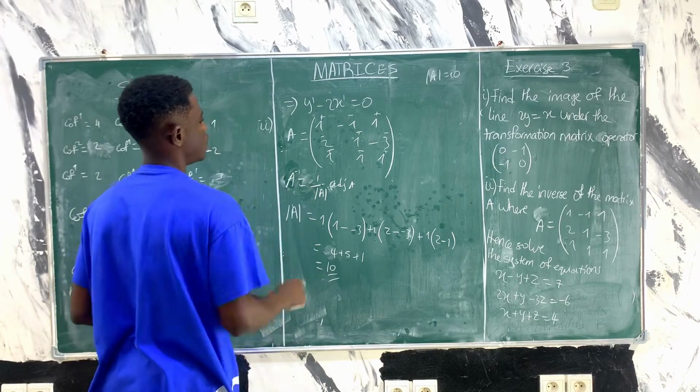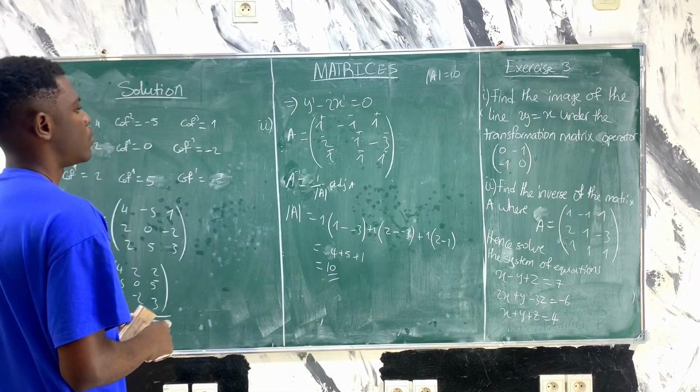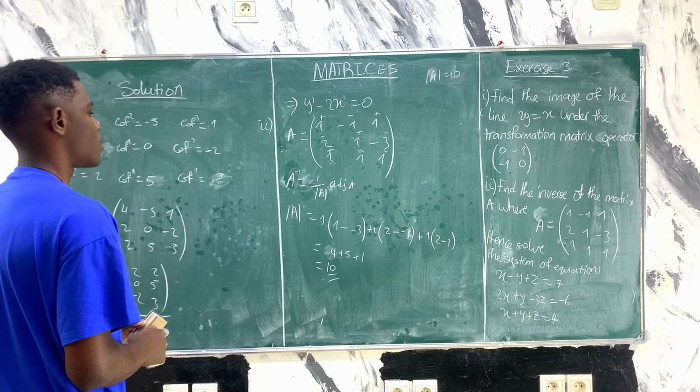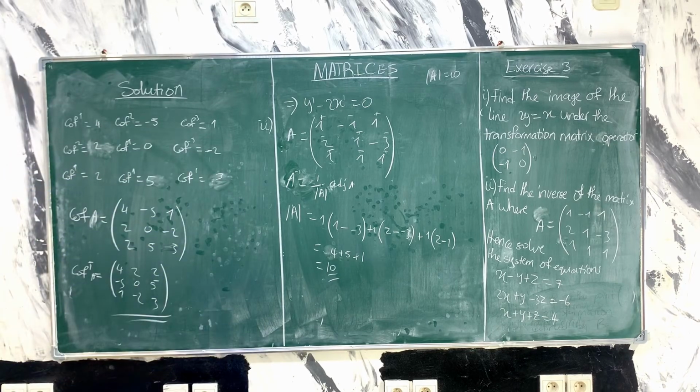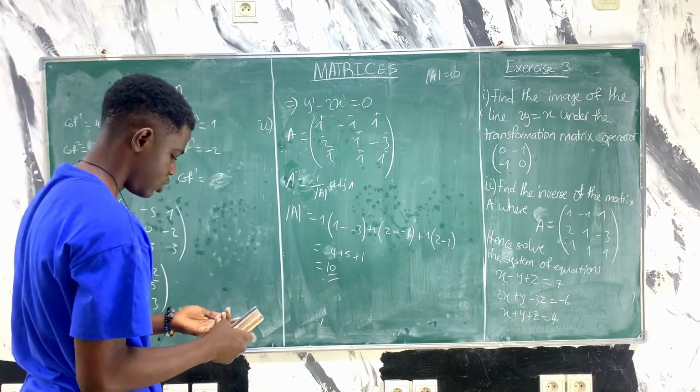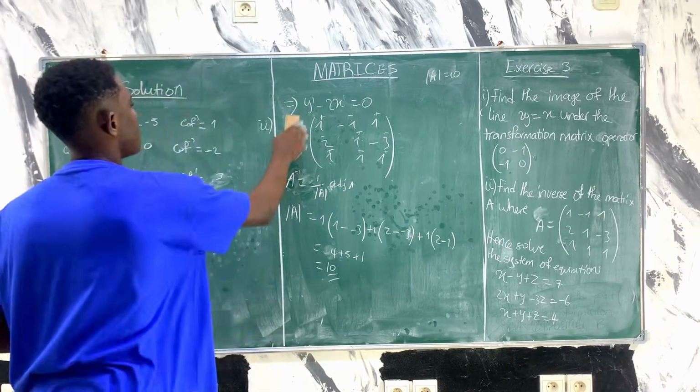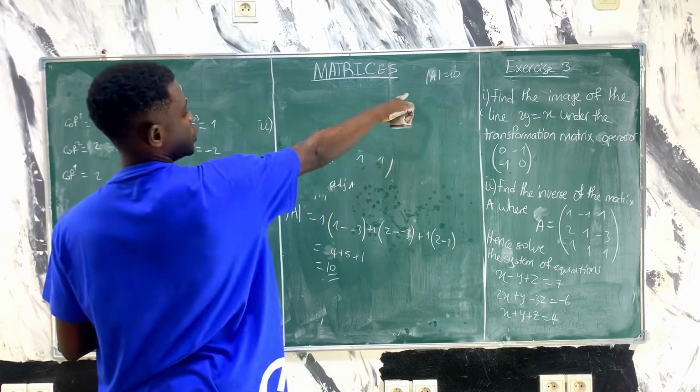So when I find that, A inverse is going to be 1 over determinant times cofactor transpose. I don't know into how many pieces I've been breaking this chalk. My determinant is 10.